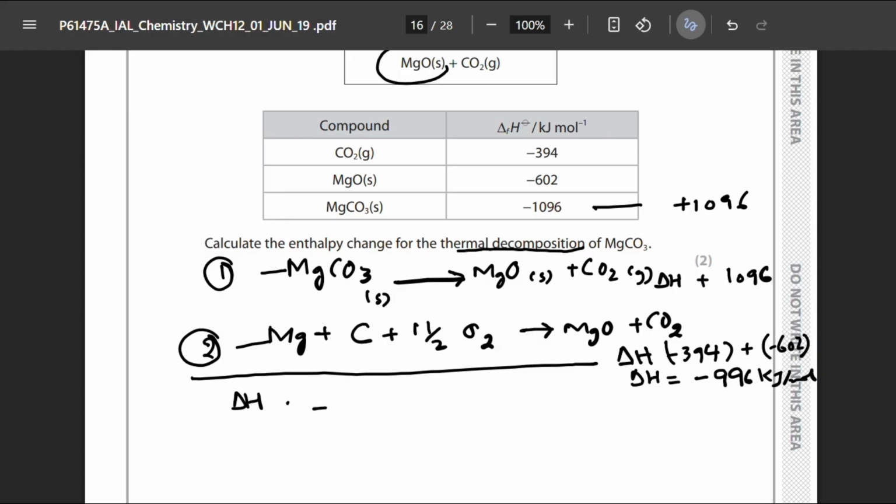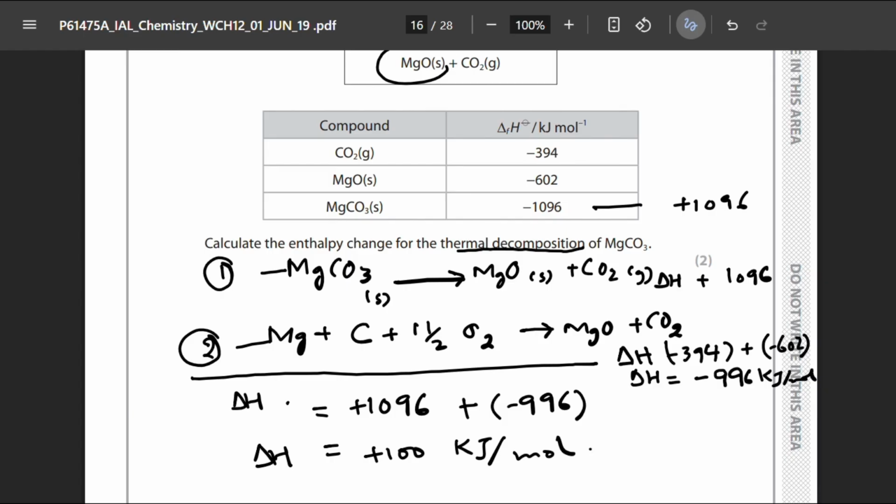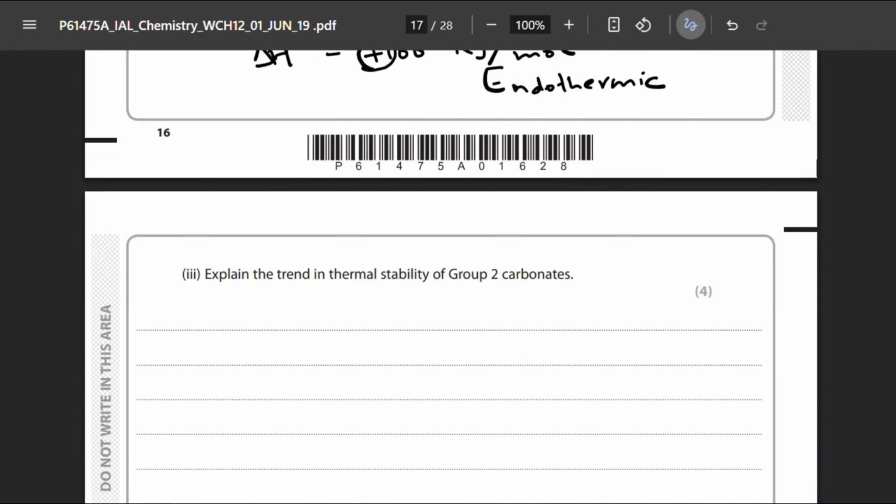So delta H is equal to 1096 added to minus 996. So the value of delta H is positive 100 kilojoules per mole. The positive sign indicates that the reaction is endothermic.